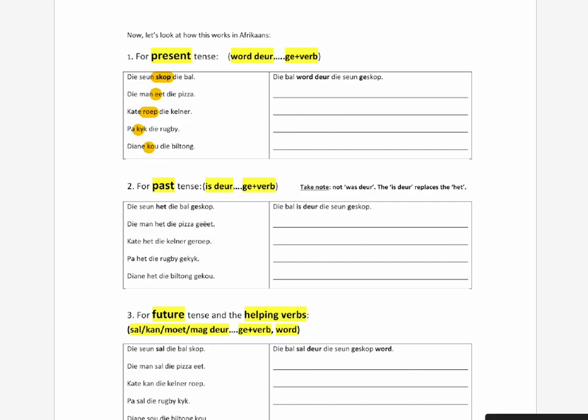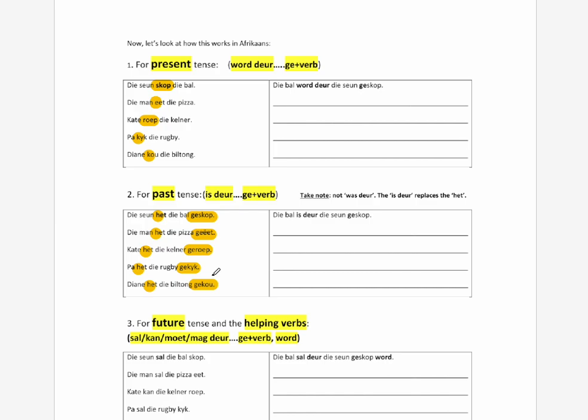And then we have the past tense, which you will most probably see with a het geskop and het geëet. And this one is het geroep and het gekyk en het gekou. All right.